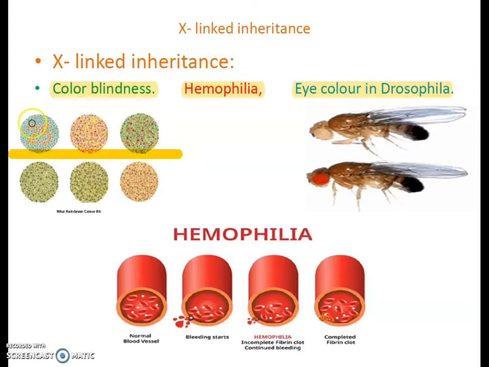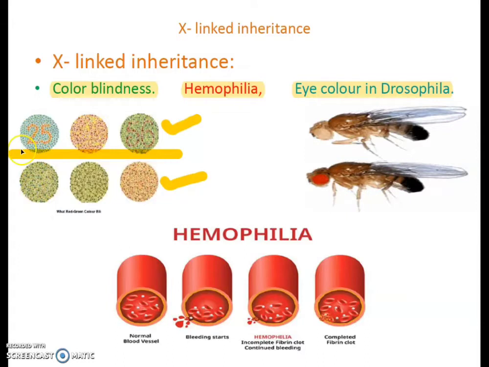A normal person can see this image and the number in it, while a colorblind person sees this image differently. In this first figure there is a number, and the colorblind person cannot see it. So a colorblind person cannot distinguish green and red color.